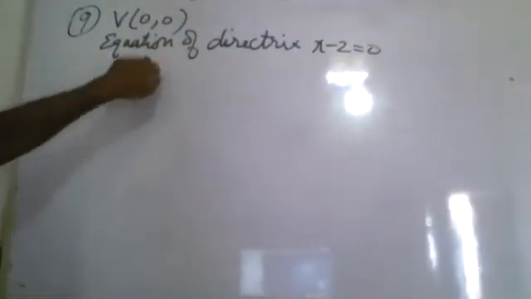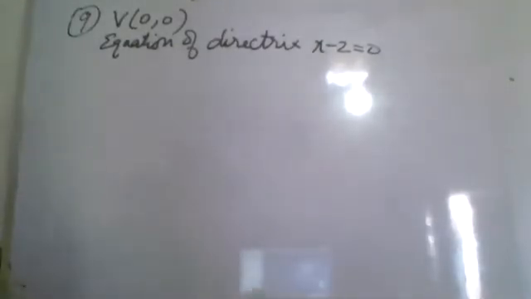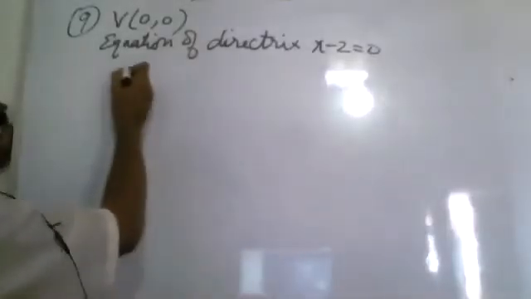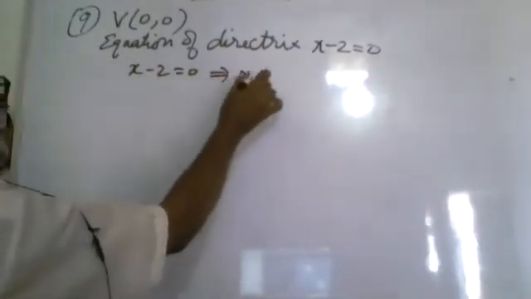Equation of directrix x minus 2 equal to 0, vertex at origin. So when x minus 2 equal to 0, that means x is equal to 2.